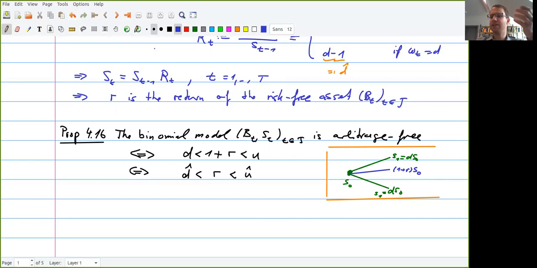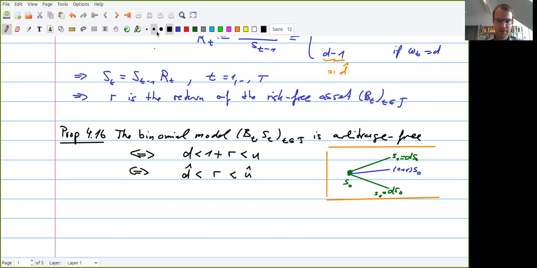Because if we invest in the risk-free asset, we surely get this amount of money, and to keep the market arbitrage free, this should be not better than the risky asset, and this should be not worse than the risky asset. So they should be comparable.